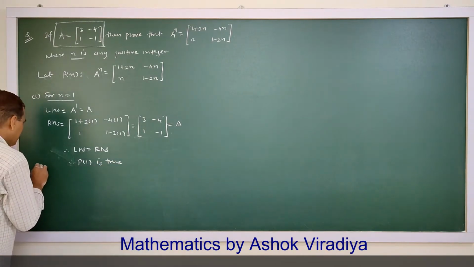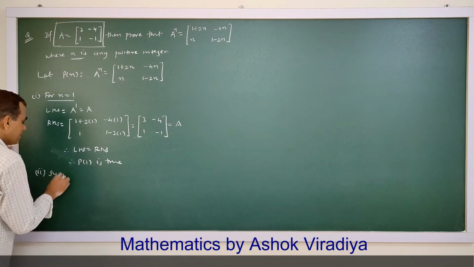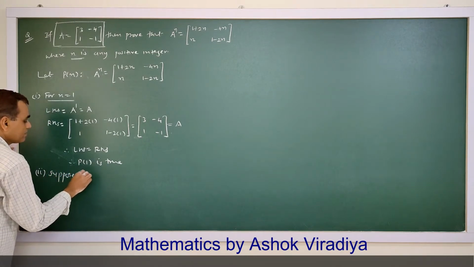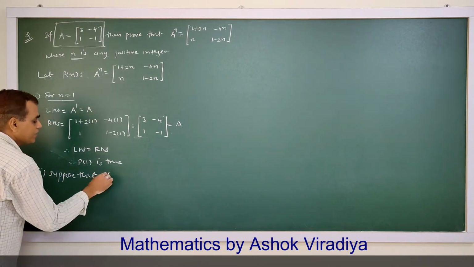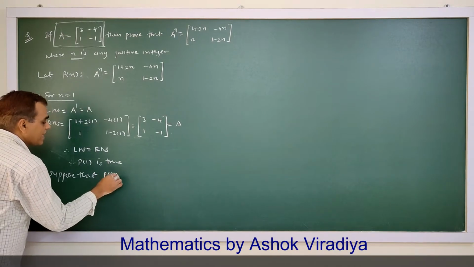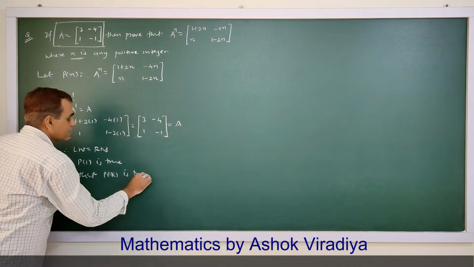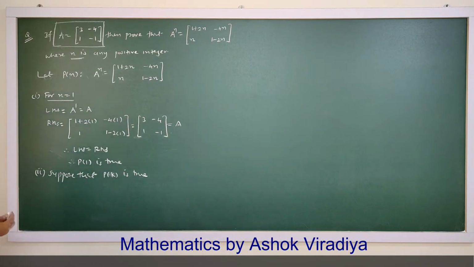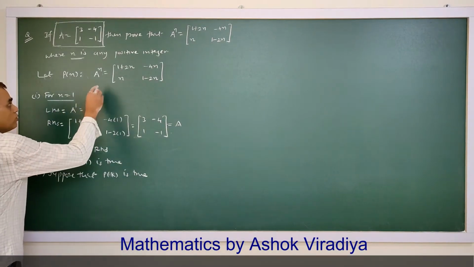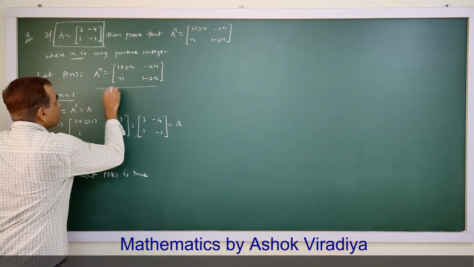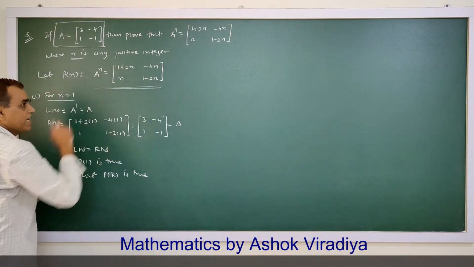Now second, suppose that the statement is true for n equal to k. Suppose that P of k is true. So we accept this without proof for n equal to k.